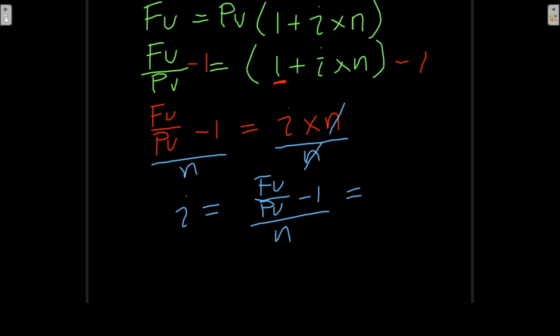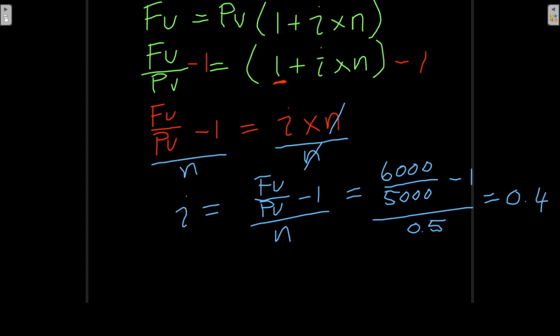So my future value is 6,000 rands, present value 5,000 rands, and my n was equal to 6 months, which in terms of years is 0.5, and I get an answer of 0.4. So my final answer is not just 0.4, my final answer is 0.4 per annum, or you can also say that your interest rate is 40% per annum.